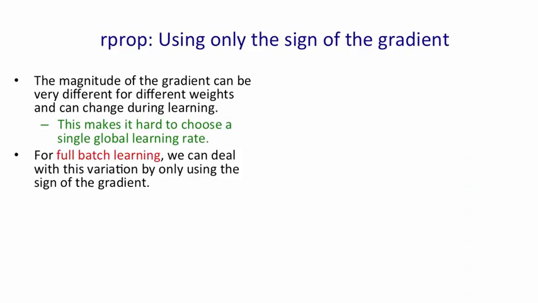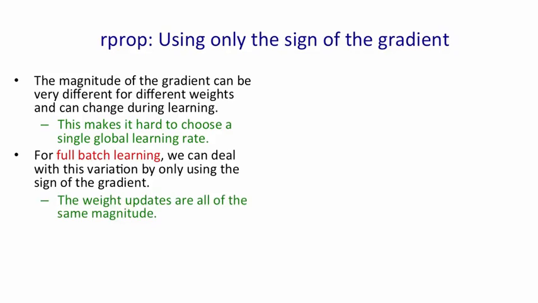I'm now going to describe Rprop, which is an interesting way of trying to deal with the fact that gradients vary widely in their magnitudes. Some gradients can be tiny and others can be huge, and that makes it hard to choose a single global learning rate. If we're doing full batch learning, we can cope with this big variation in gradients by just using the sign of the gradient.